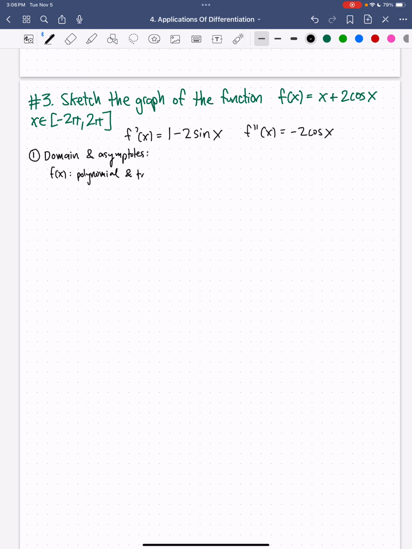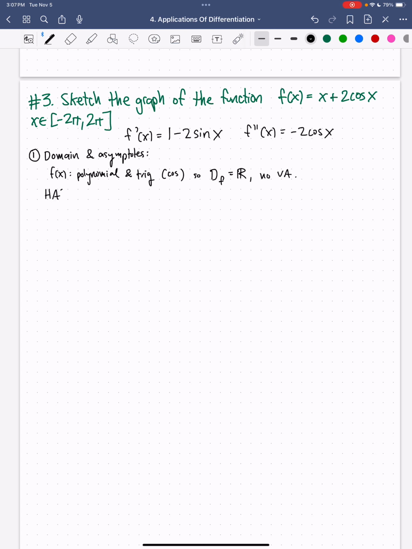So we can just say domain of f is all real numbers and no vertical asymptotes.